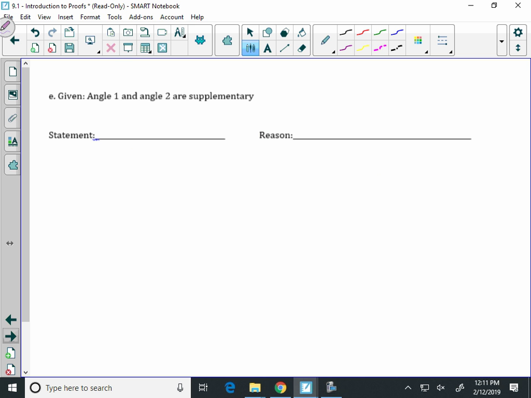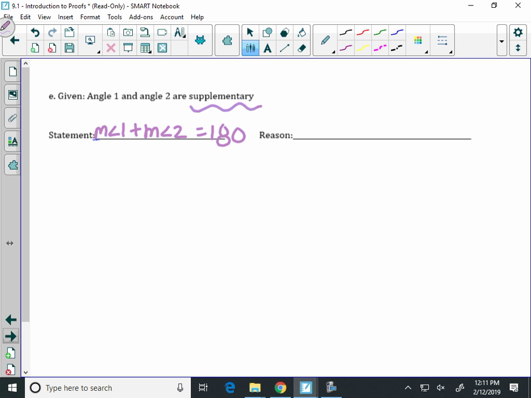Okay. It says angle 1 and angle 2 are supplementary. What can we conclude from that? What statement can we make? Yeah, they add to 180, so we can write that. We can say the measure of angle 1 plus the measure of angle 2 equals 180 degrees. What do you think our reason for that is going to be? We have just a sentence with a vocab word.